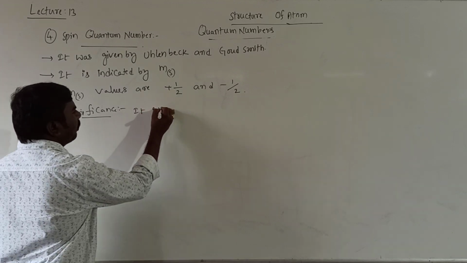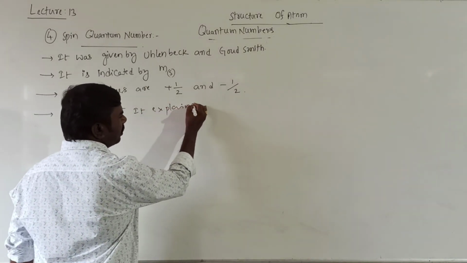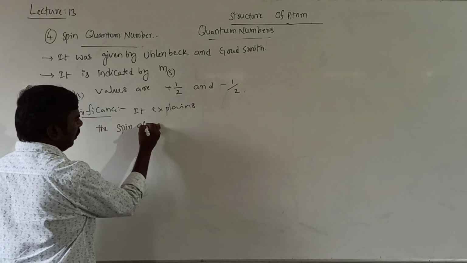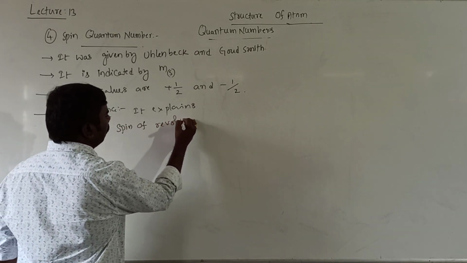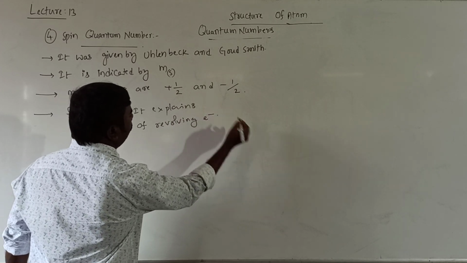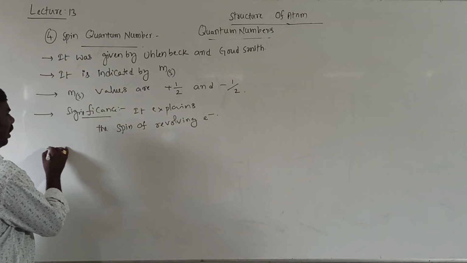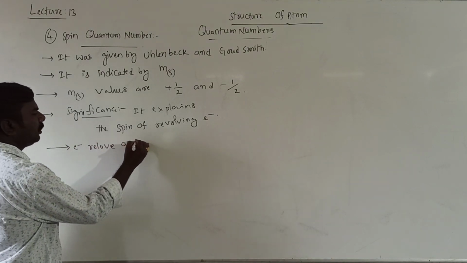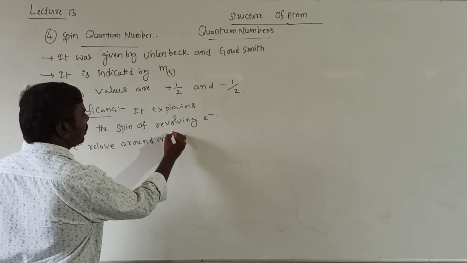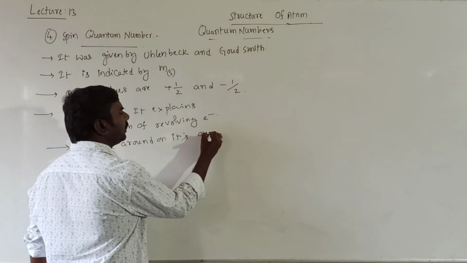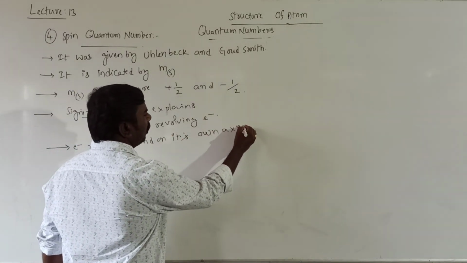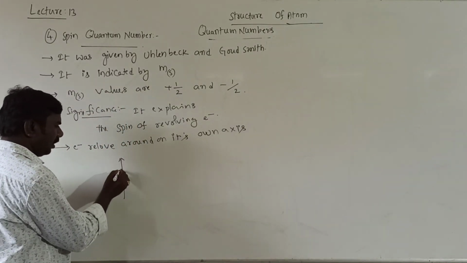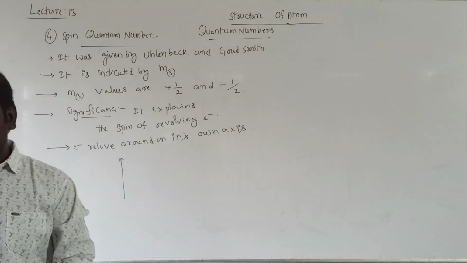It explains or indicates the spin of a revolving electron. The electron revolves around its own axis.